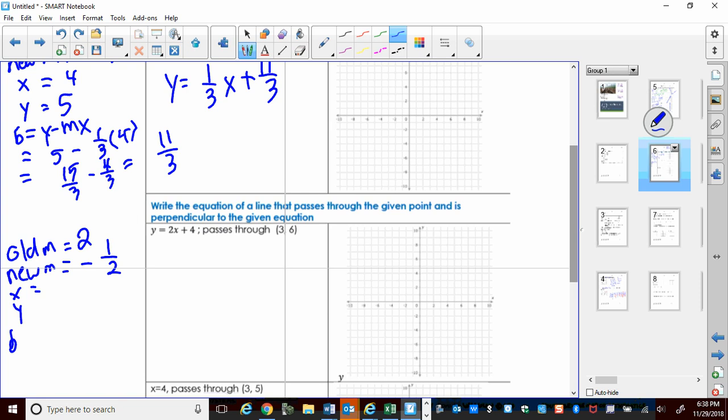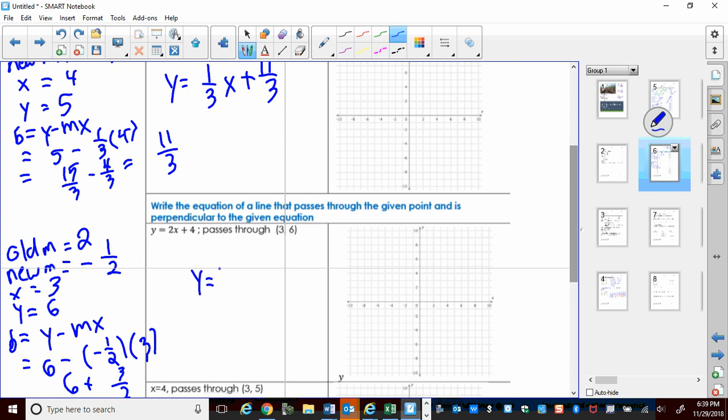X equals 3. Y equals 6. B equals y minus mx. This equals 6 minus negative 1/2 parentheses 3. Or 6 minus, let's see, 3 over 2, or plus 3 over 2, right? And you get 15 over 2, so y equals negative 1/2 x plus 15 over 2.